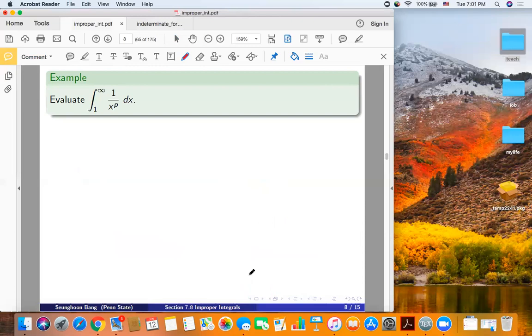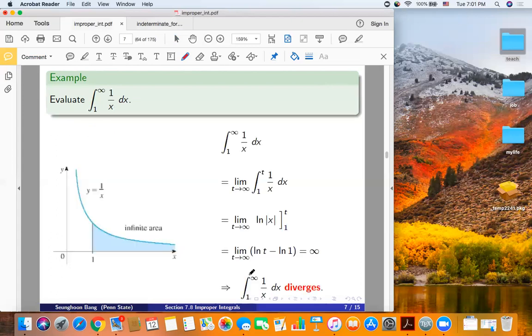Second one: the integral from 1 to infinity of 1 over x to the power p dx. Case 1, p equals 1, from the previous one, right? p equals 1 is exactly the previous example.